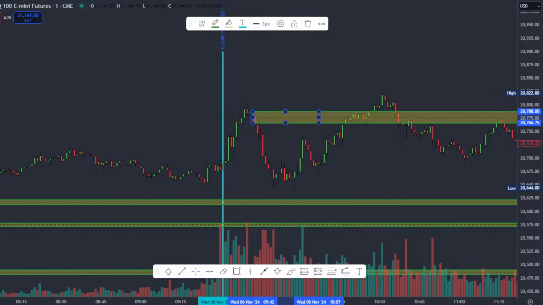That's bar 1, this bar. So if that's bar 1, this bar would be bar 2, right? And this is 3. So then you take the high and the low.